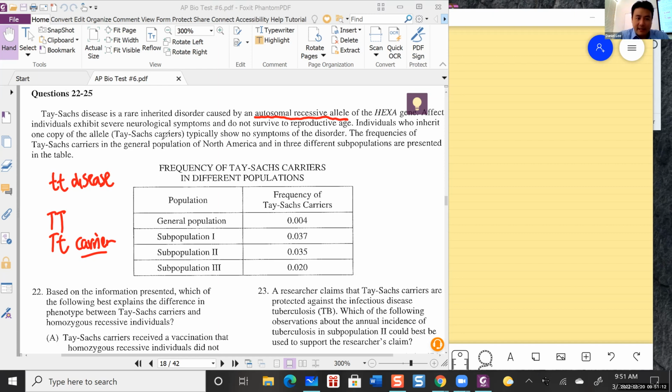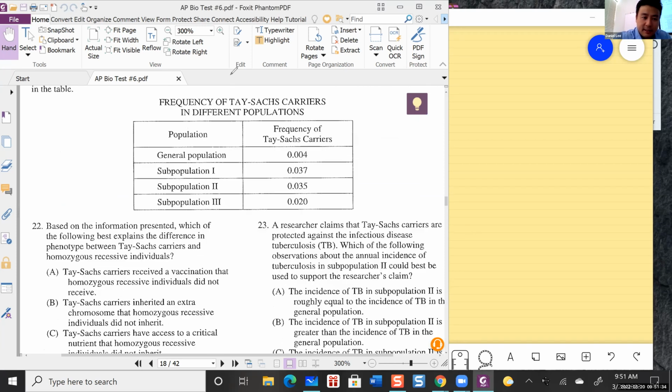The frequency of Tay-Sachs carriers, so we're talking about the carriers, in the general population and in 3 different subpopulations is represented. The general population is very low, only 4, while the others are like 37, 35, and 20. Number 22, let's see what they want. Keep that in mind.